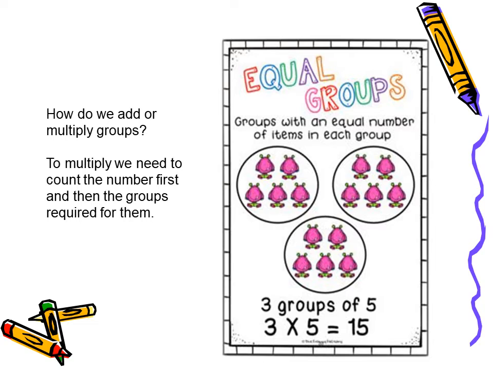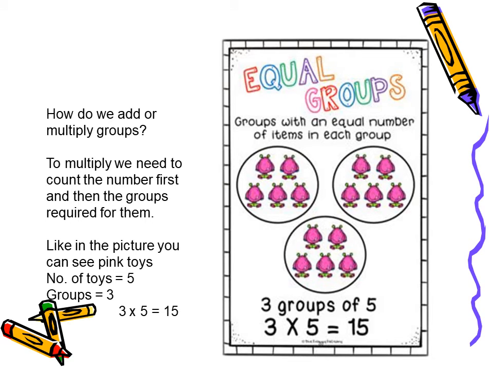Let us move to the third circle, or the third group. 1, 2, 3, 4, 5. So in all three groups we can see we have 5 toys. The number of toys equals 5. Groups equals 3.